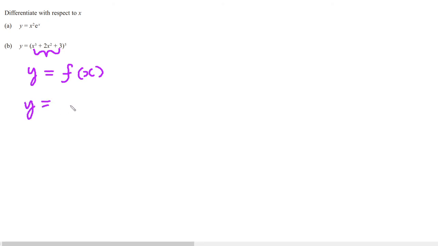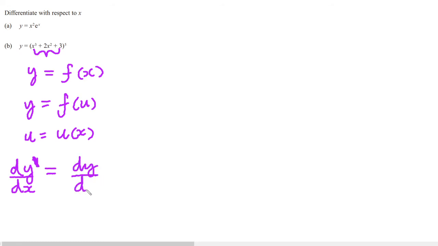If y is a function of u, where u is a function of x, then if you differentiated y, you'd find that dy by dx is equal to dy by du multiplied by du by dx.